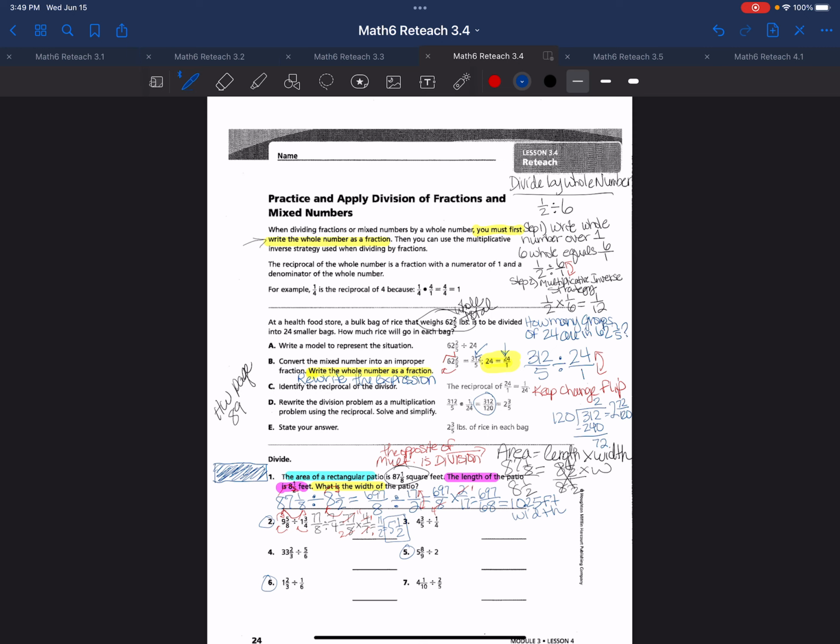Then for question 5, you notice I have a whole number here. So the first step is I'm going to have to go up here and remember step B. I have to convert the first fraction into an improper fraction. 9 times 5 is 45 plus 8, I would get 53/9 divided by, and then 2 is a whole number, I need to place that over 1. Then do keep, change, flip, and then I get 53/18.